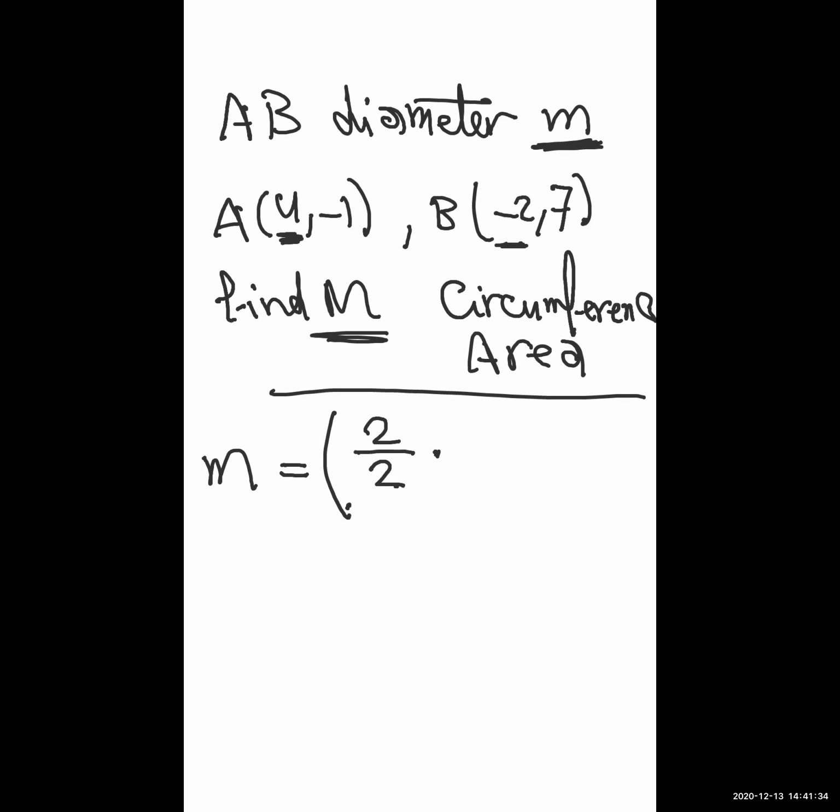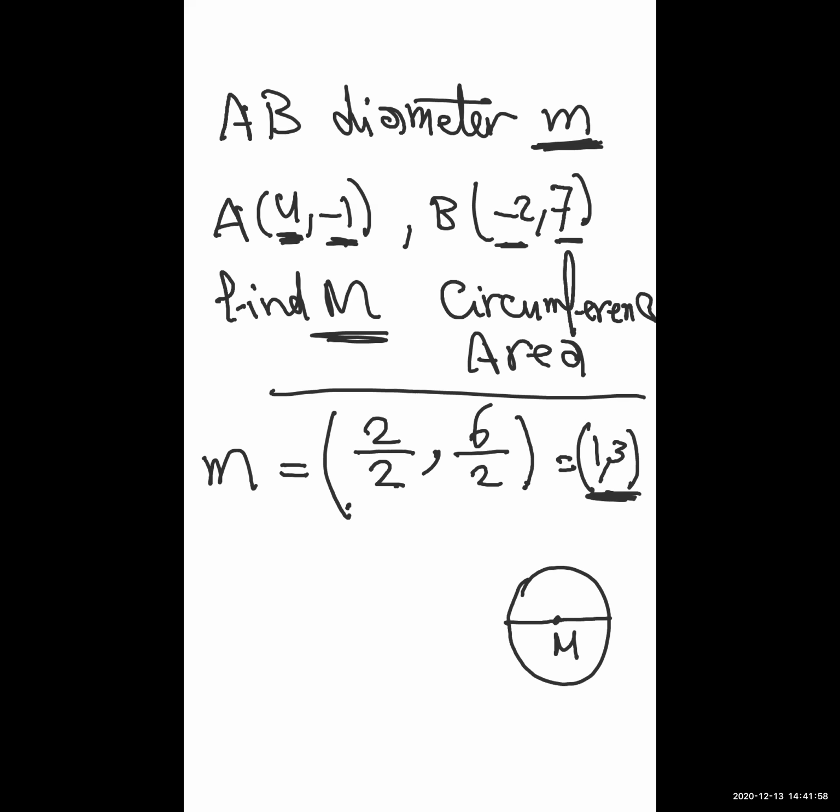And the second coordinate will be -1 plus 7, so 6 over 6 over 2. So it will equal the point (1, 3). Now, this is M, the center of the circle, and this one is A, B. So now I got the coordinates of M.